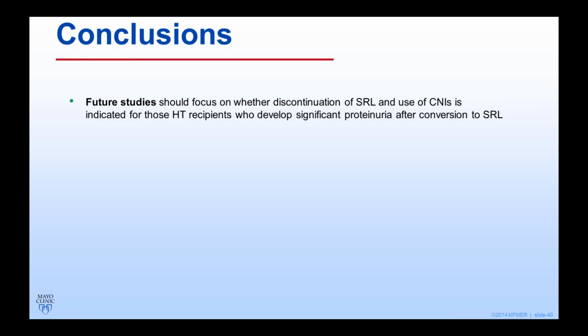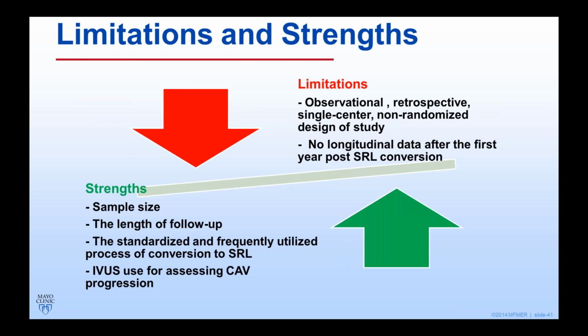It's unknown whether discontinuation of the sirolimus and resumption of the calcineurin inhibitor would be indicated for those patients who developed proteinuria. The paper obviously has limitations and perhaps some strengths.